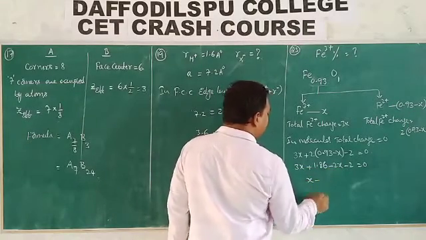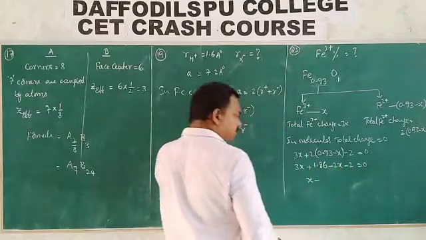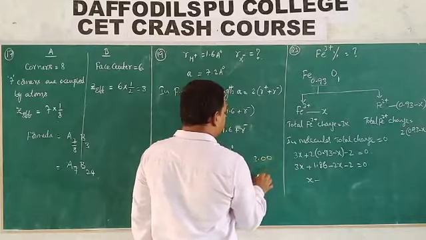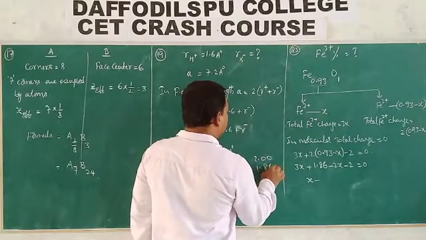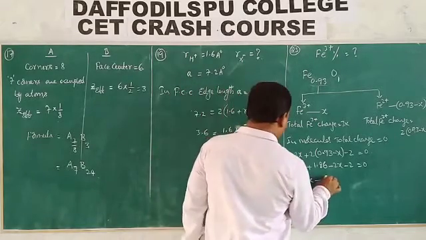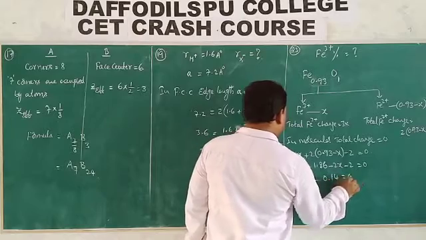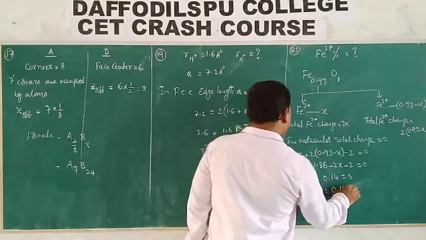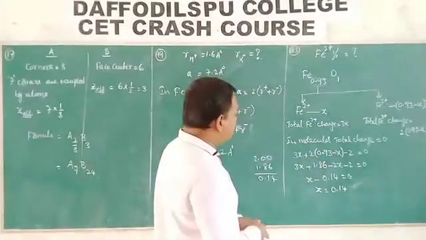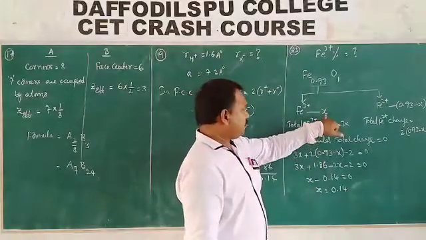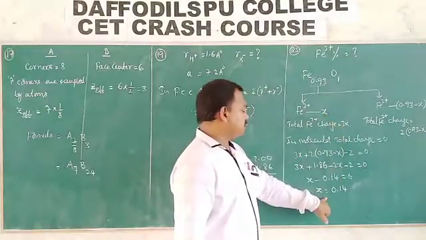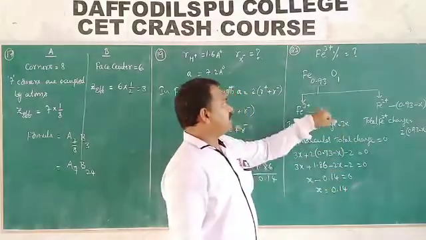So x minus 2 plus 1.86, which is x minus 0.14 equal to 0. x is equal to 0.14. These many Fe3+ ions are present.